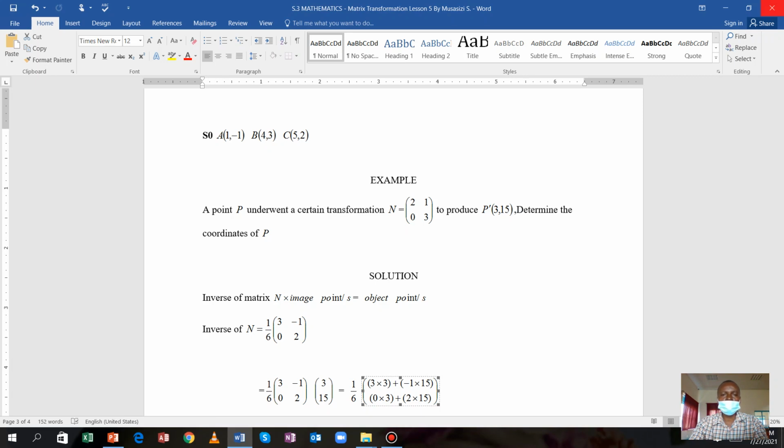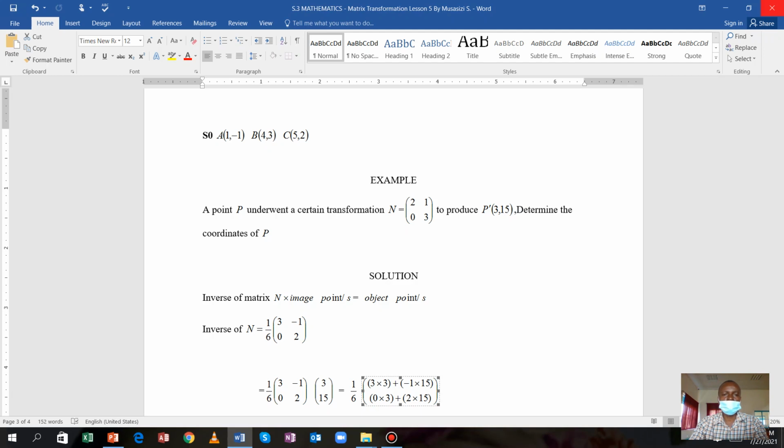You change the positions of the leading diagonal: 3 goes up, 2 comes down. Then for the minor, you change the sign. The one which is positive becomes negative, and the negative becomes positive. However, 0 cannot change to a negative or a positive, 0 is neutral, so it remains 0, but the 1 now becomes negative 1.